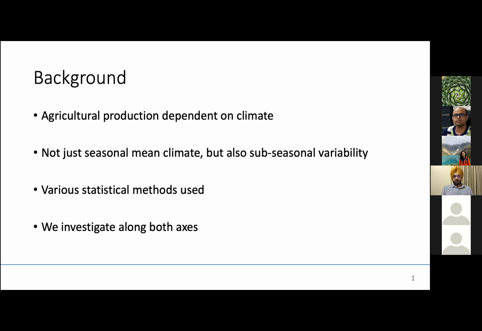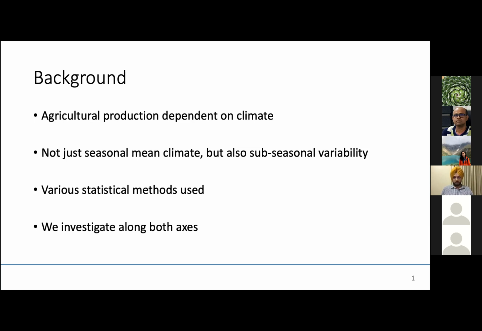And within-season variability has been documented to be important for crop yields, and researchers use various statistical techniques for that. These vary from a simple linear regression where crop yields are modeled as a linear function of climate variables to more advanced machine learning methods where huge amounts of data are used to extract relationships, which would otherwise not be possible using linear regression, for example.